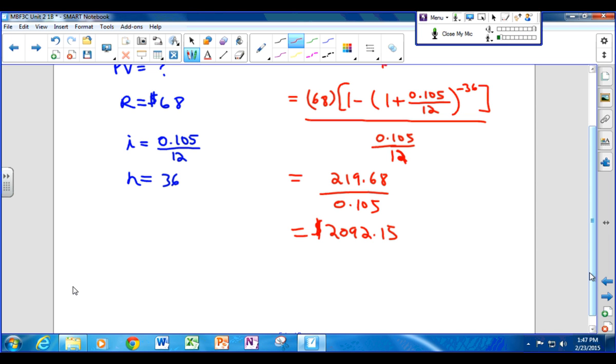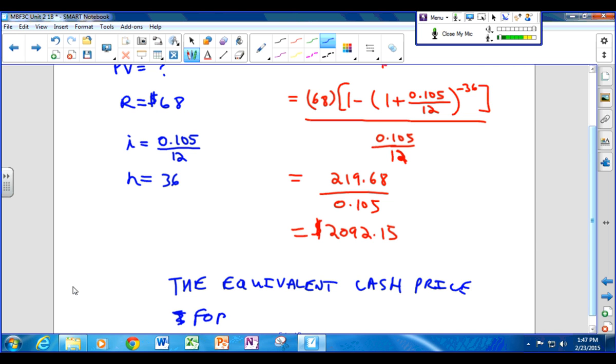But let's make sure that we've answered the question. What is the equivalent cash price of the laptop? The equivalent cash price for the laptop, see, I've just turned the question around, is $2092.15.